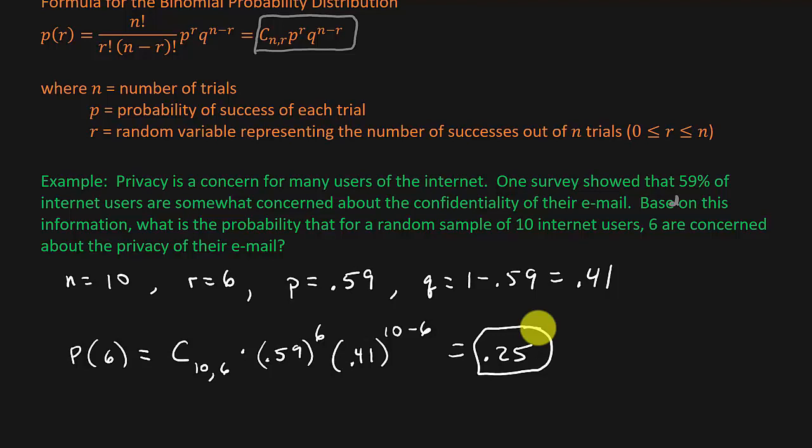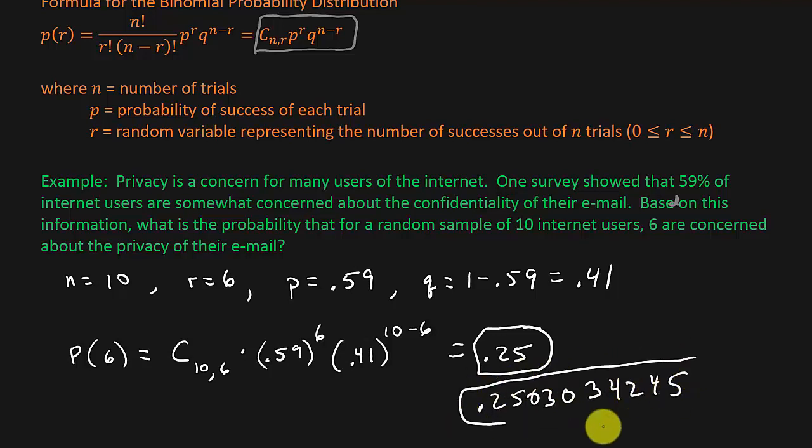Well, actually, they have the answers. If you plug it into your calculator, you get 0.250342... Okay, and then you round it to 2 decimal places. I don't know how many decimal places your teacher wants you to round it to, 2 or 3.